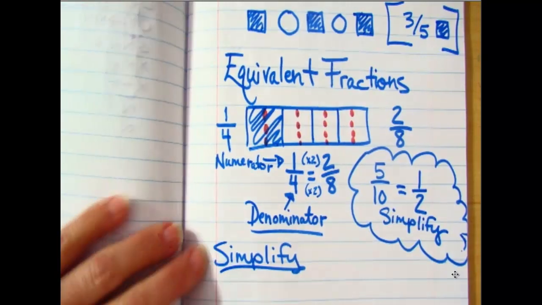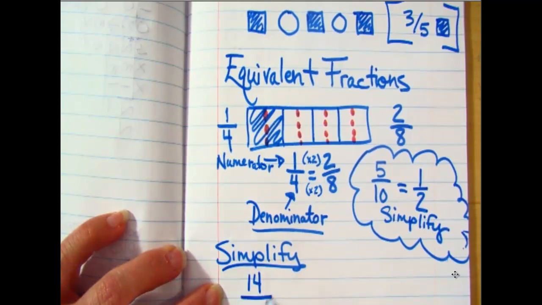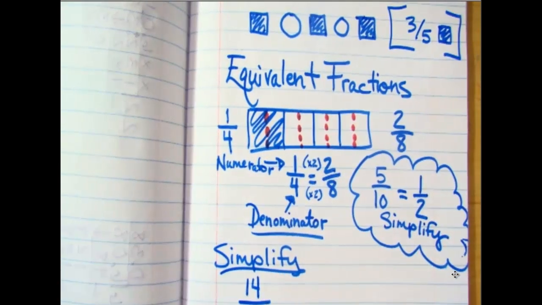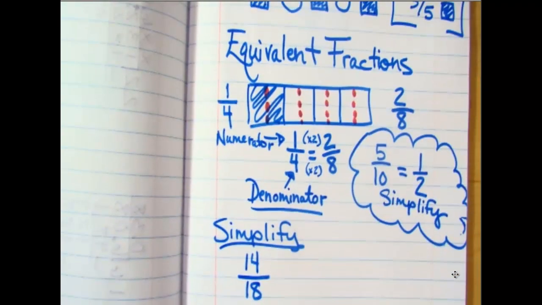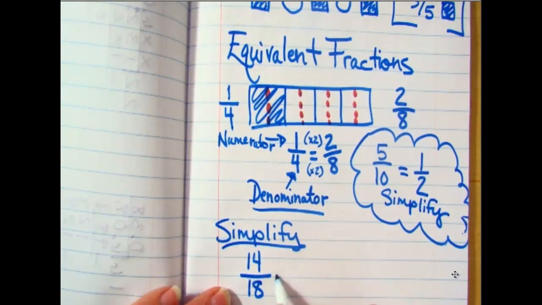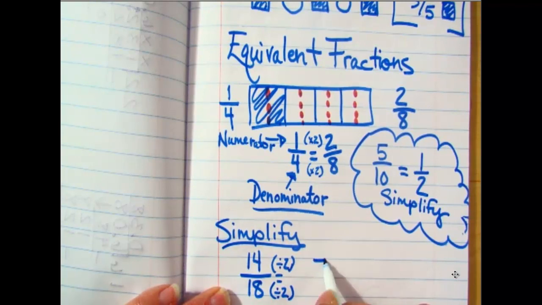So when we simplify, for example, let's say I've got 14/18, big wonky fraction. I'm going to look for a factor of both 14 and 18 that I can divide the numerator and the denominator both by. So I know I can divide 14 and 18 by what? 2, because they're even, right? So if I divide by 2 and divide by 2, I'm going to have what?